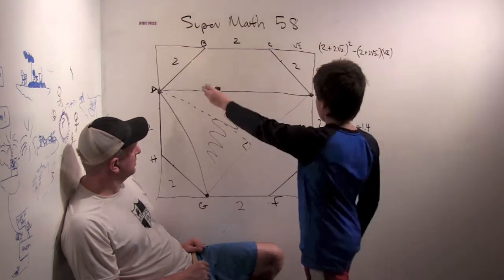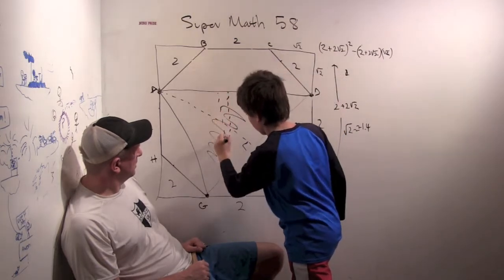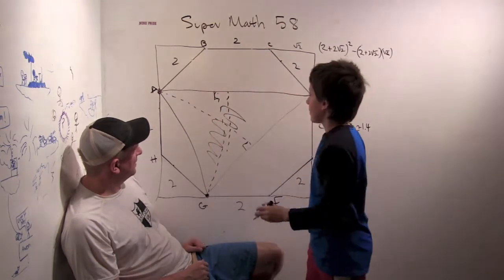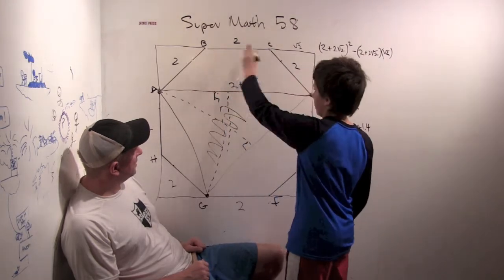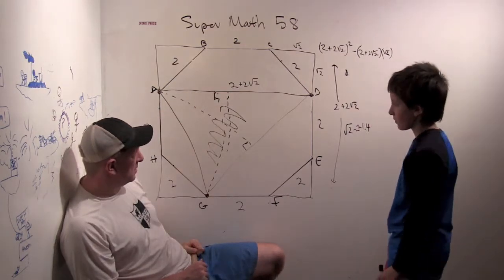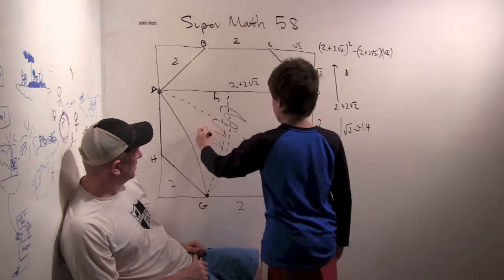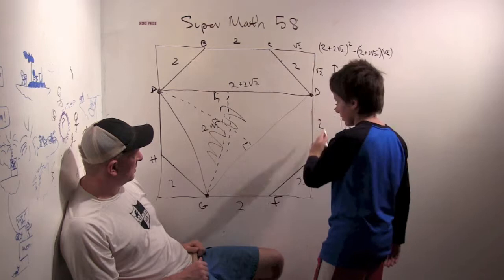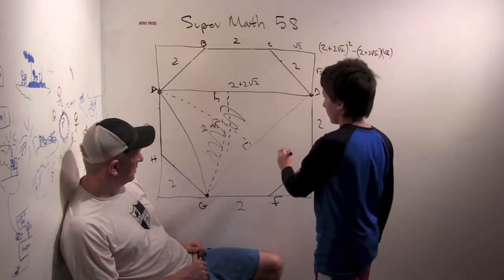Well, maybe I think AD might be simpler. Because this is 2 plus 2 root 2, that's the length of the side of the square. It goes all the way across the square. And then this height here is 2 plus root 2 from this. Alright.